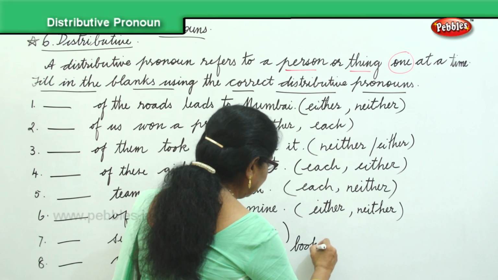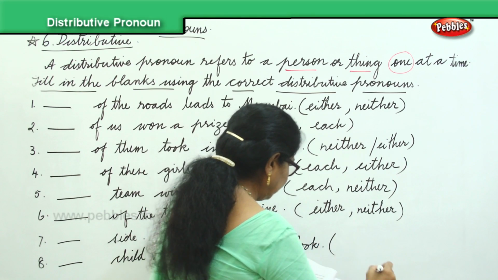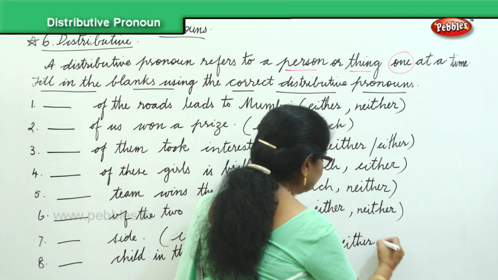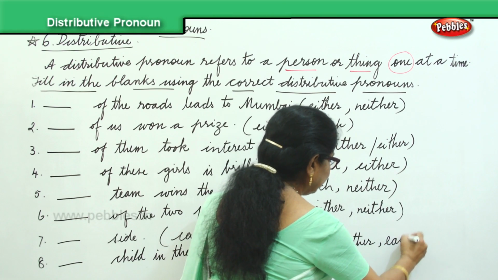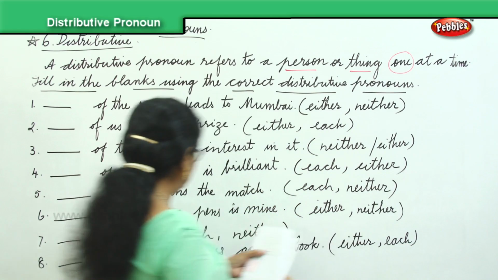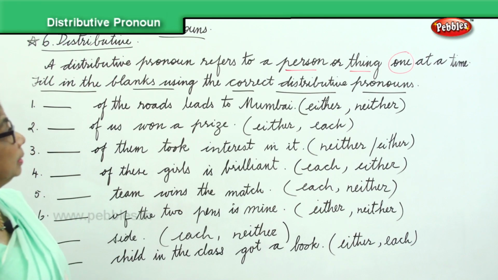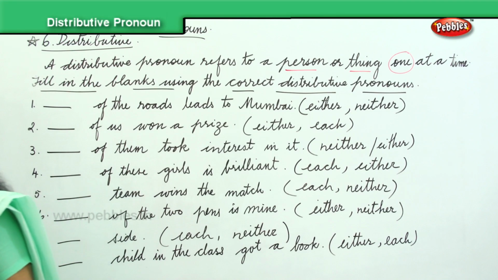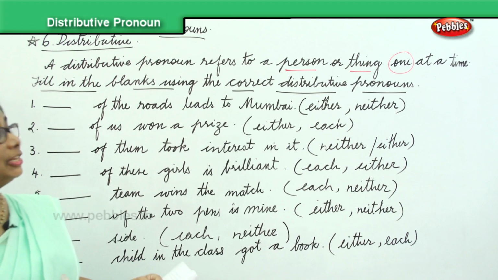And the words are either, each. So I've done 8 sentences here, and you need to choose the correct word to complete each of those distributive pronouns.